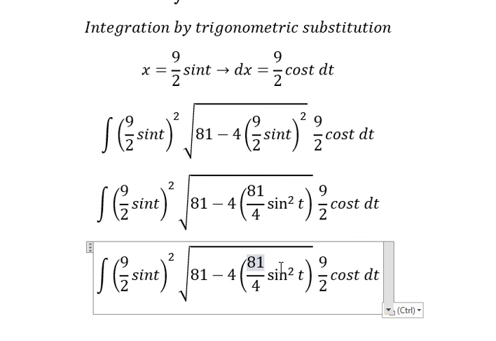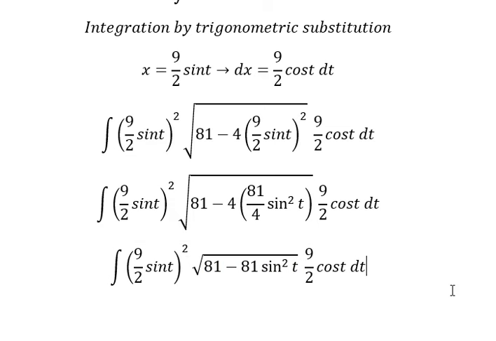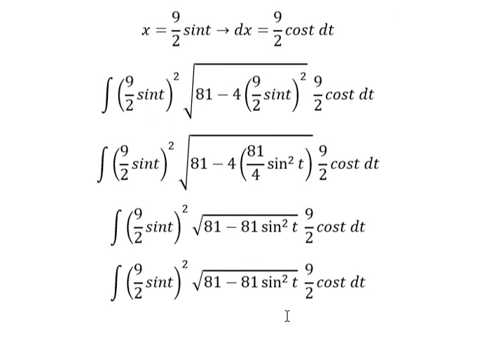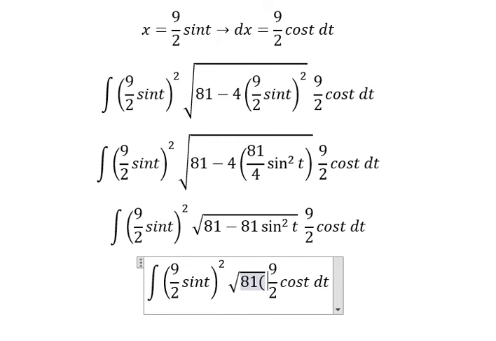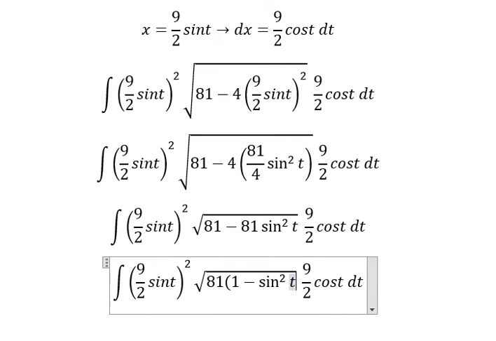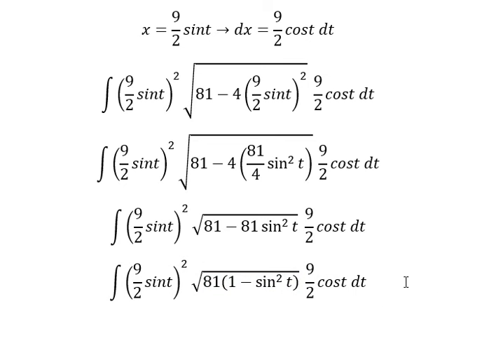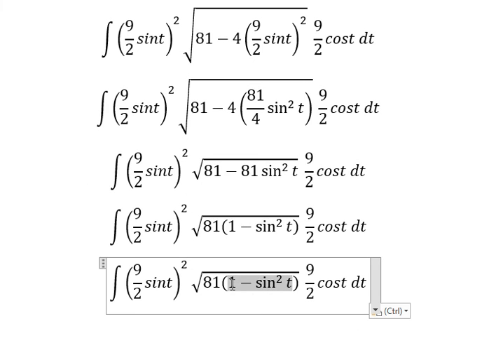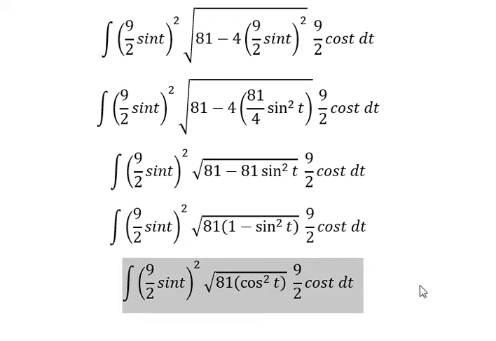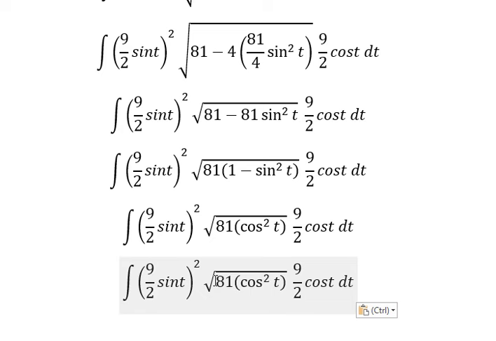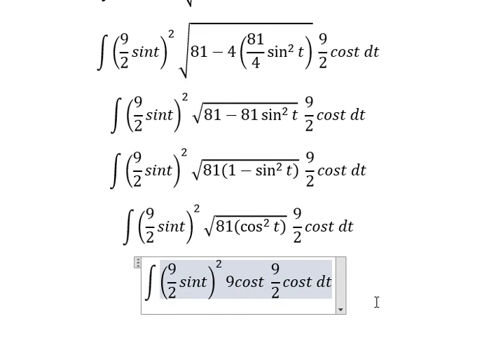You get 81. We can do factorization. 1 minus sine t squared, you get cosine t squared. The square root of this one, you get 9 cosine t.